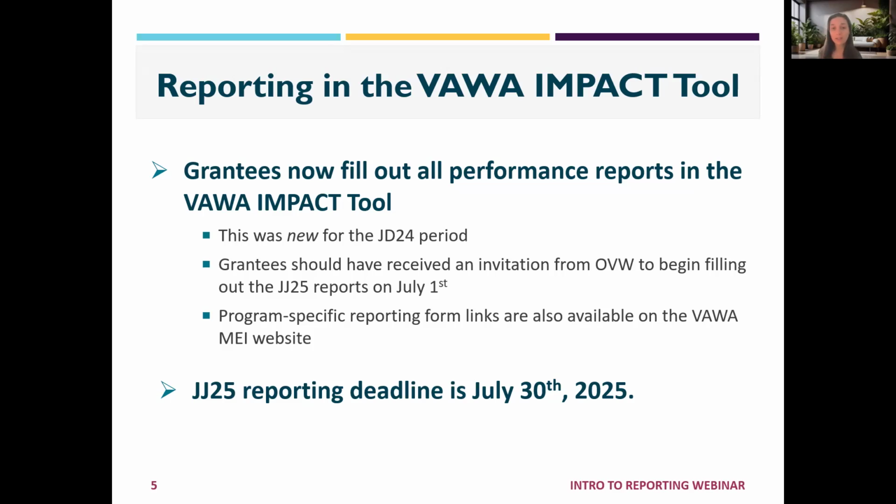It's very important to submit your performance report into your JustGrants account by this date. We recommend not waiting until the last minute. The support staff at JustGrants is quite small. You might have a long wait if you wait till the last day and have a problem and need support.